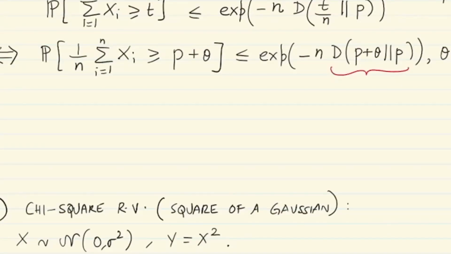there's an inequality called Pinsker's inequality, well known in information theory and convex analysis, that helps to lower bound the relative entropy by what is called the total variation distance, or the L1 norm. And in this case, this just means that d of p plus theta relative to p can be bounded below by 2 theta square, okay, irrespective of the p.